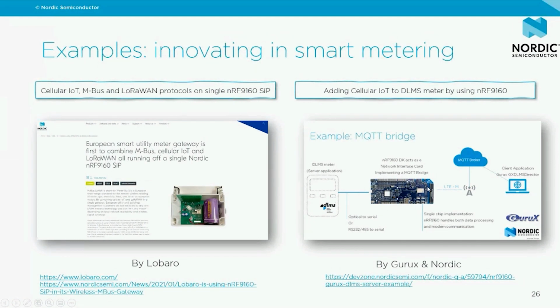So you can transmit data over LTE-M with MQTT straight into the cloud and into the client application running and fetching data from the cloud. So there's a lot of flexibility in how you can build products, not only running your application on the 9160, but also using the 9160 to bridge from other traditional protocols or non-IP protocols that you also have in your infrastructure that you need to collect data from.